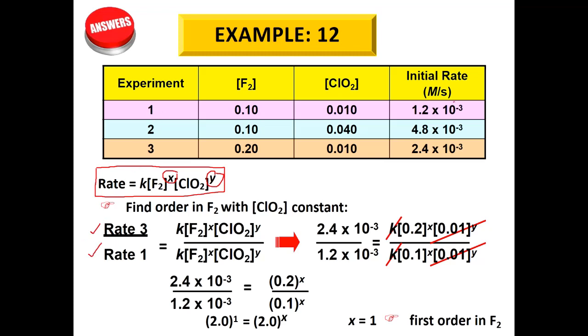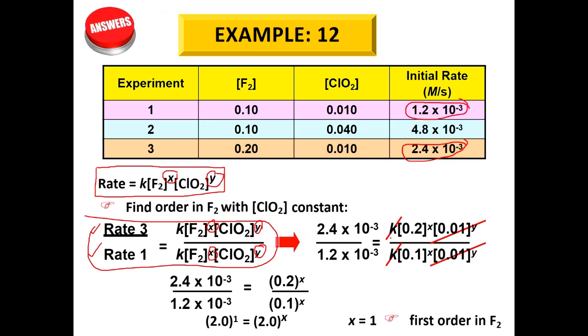Rate 3 over rate 1. You can write down the rate: k [F2]^x [ClO2]^y over k [F2]^x [ClO2]^y. Then from the table you can put the values in.